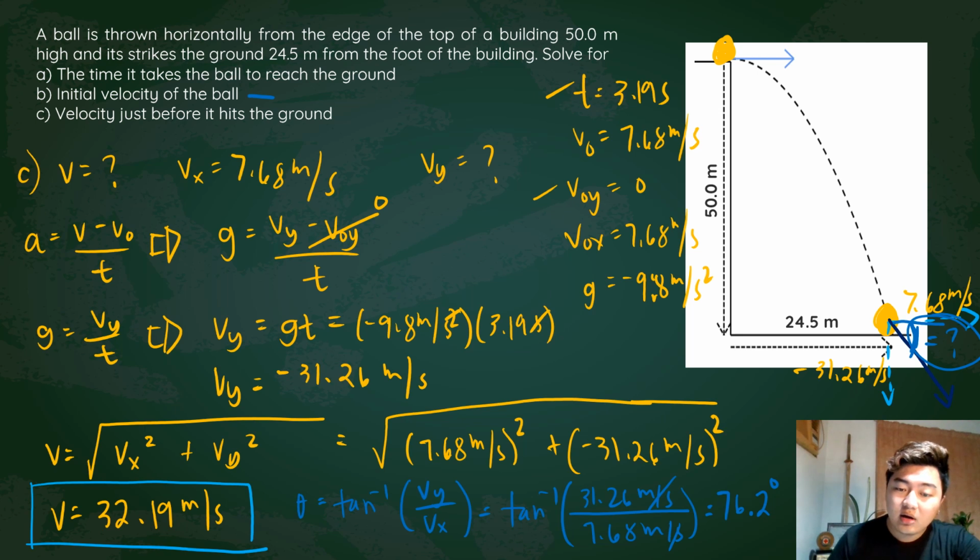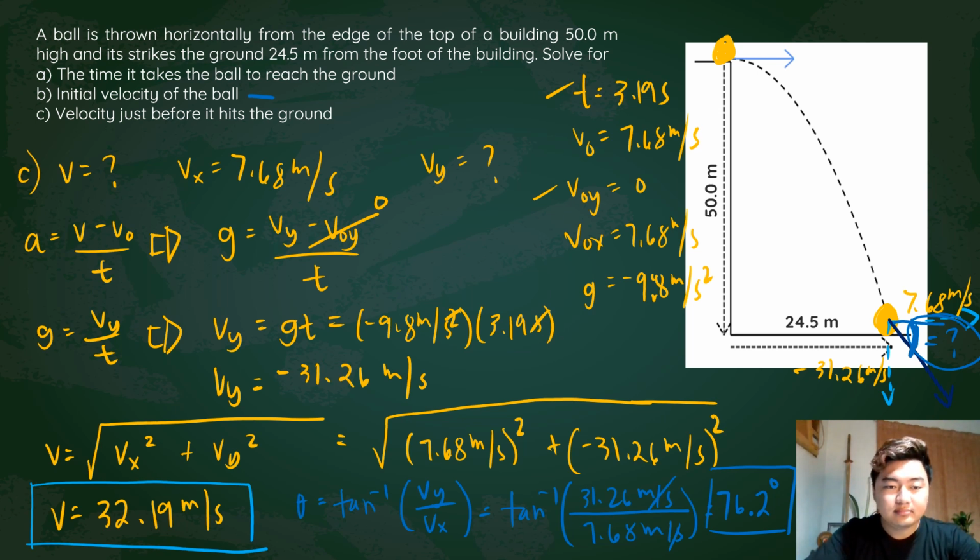Therefore, your final velocity is 32.19 meters per second, 76.2 degrees below the horizontal. Take note of that, it's below the horizontal. So these are our answers for the first problem, which is a horizontally launched projectile.